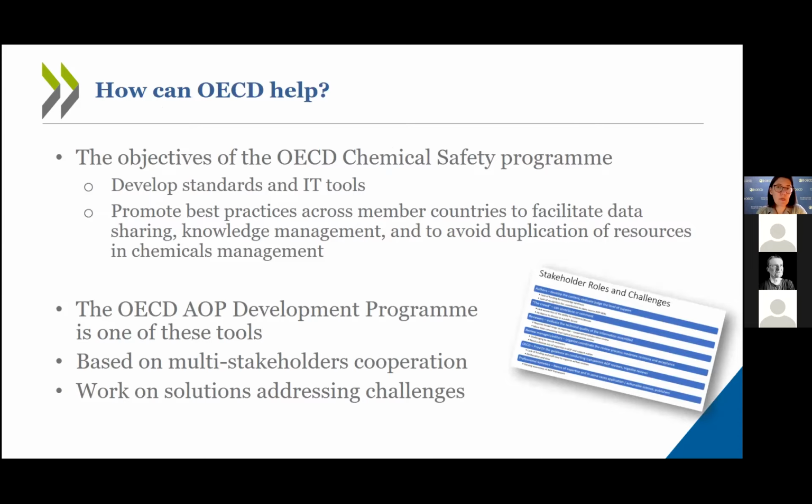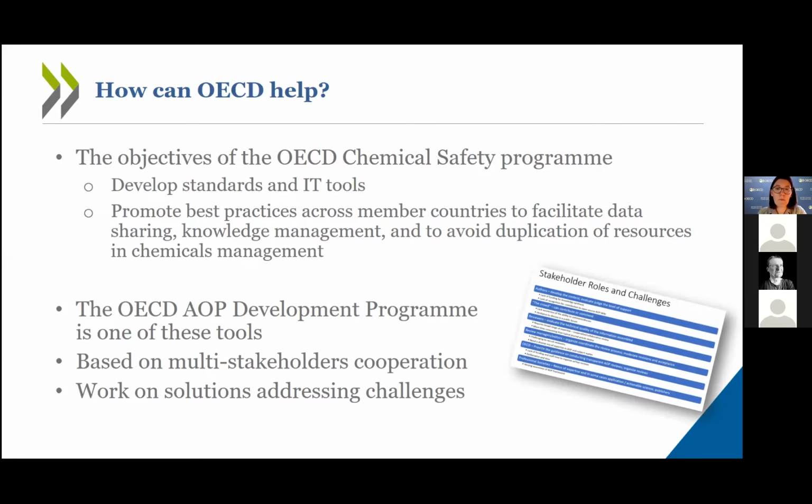The objective of the Chemical Safety Program is to develop standards, to develop IT tools, to promote best practices across member countries, to facilitate data sharing, knowledge management, and to avoid a duplication of resources in chemicals management. So the OECD AOP Development Program is one of these tools. It is based on multi-stakeholder cooperation.